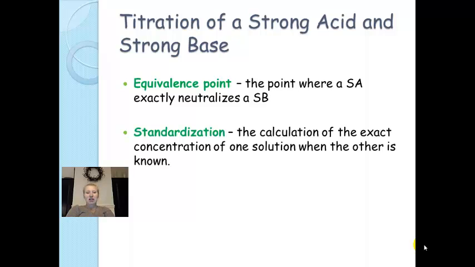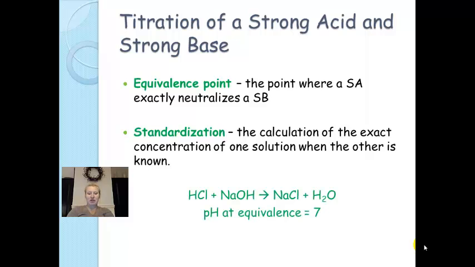Standardization is the calculation of the exact concentration of one solution when the other is known. So this again is another word for when we're finding the concentration of a solution that we don't know. So when you titrate a strong acid plus a strong base, for example hydrochloric acid plus sodium hydroxide, you're going to get a salt and water, and a salt and water are both neutral.